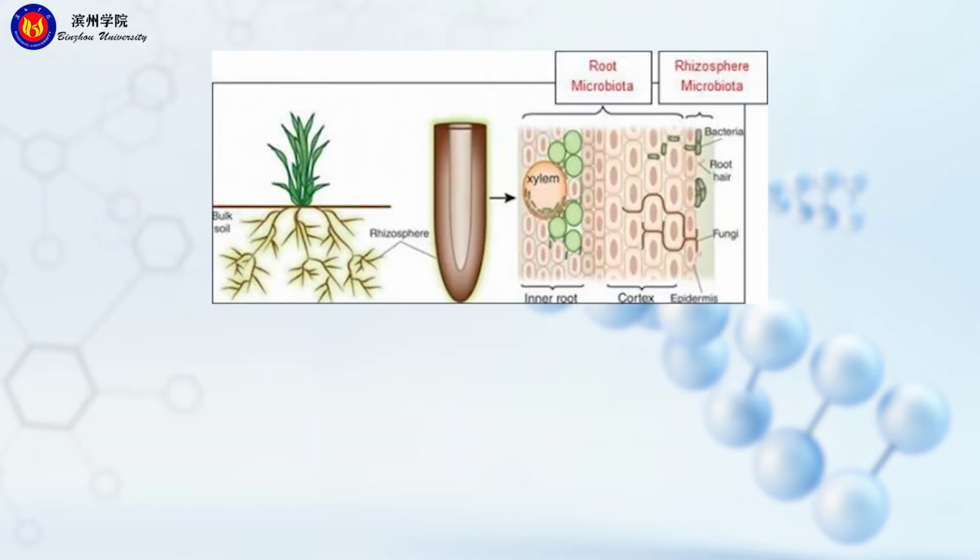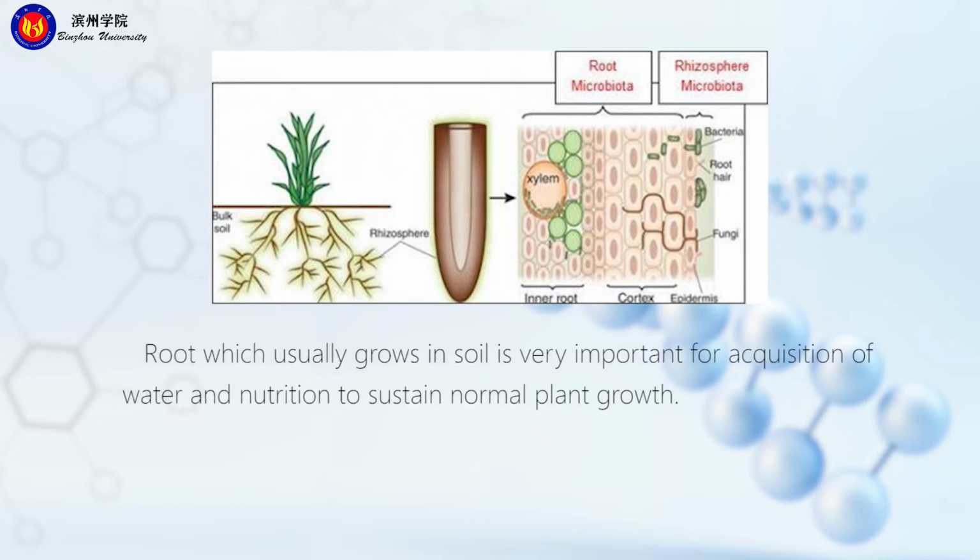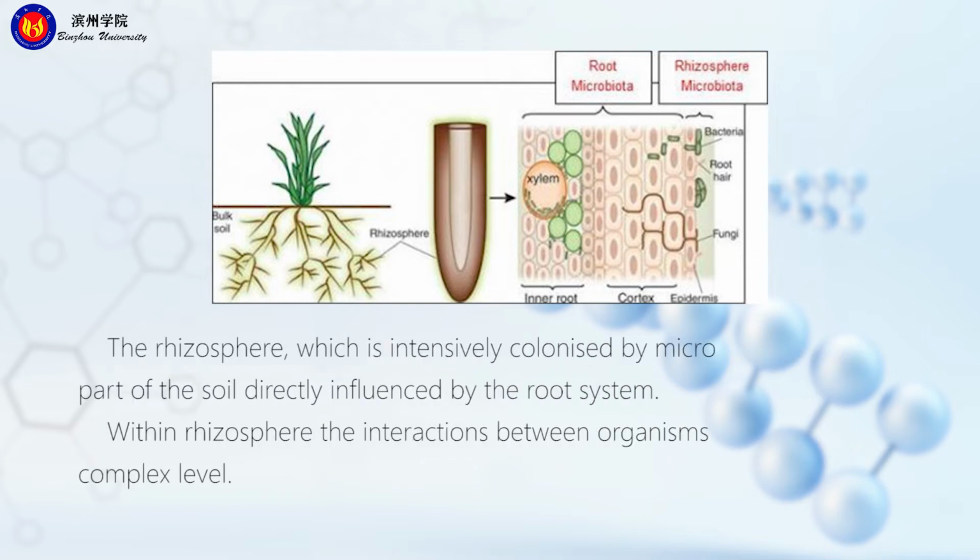Please look at the picture on the screen. Root, which usually grows in the soil, is a very important organism for acquisition of water and nutrition to sustain normal plant growth. The rhizosphere is the part of the soil directly influenced by the root system.